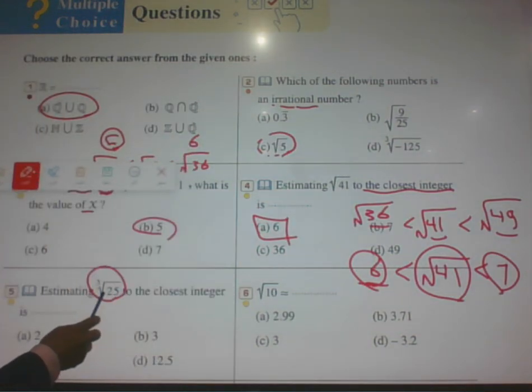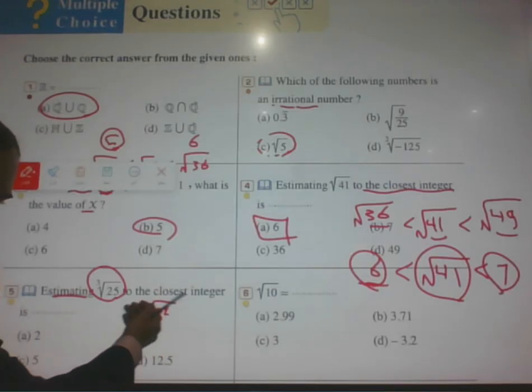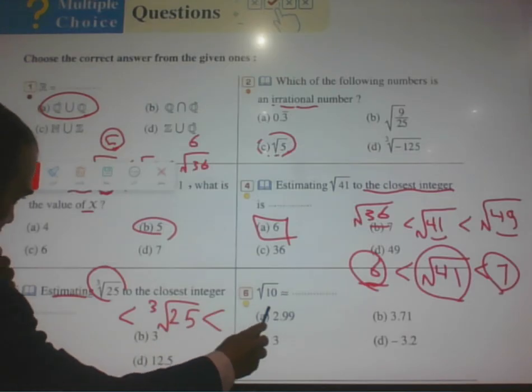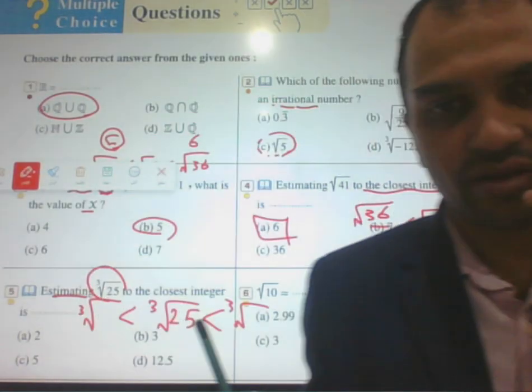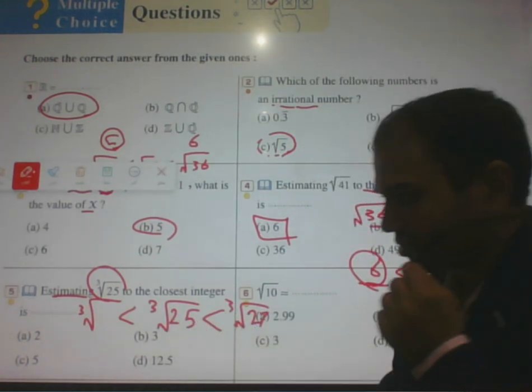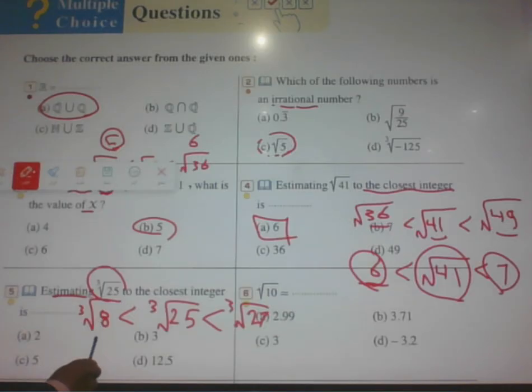Next question asks about the estimation of cubic root of 25. Ask yourself: what number near 25 has a cubic root we can find, and between which numbers does it lie? We have 27, because cubic root of 27 is 3. And 2 times 2 times 2 equals 8, so cubic root of 8 equals 2.